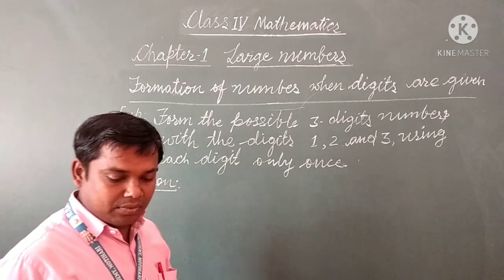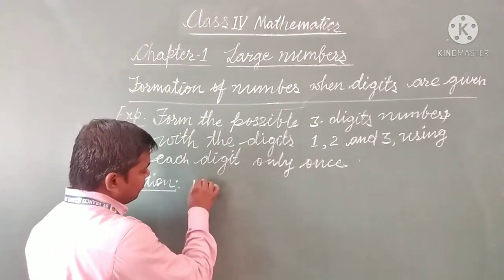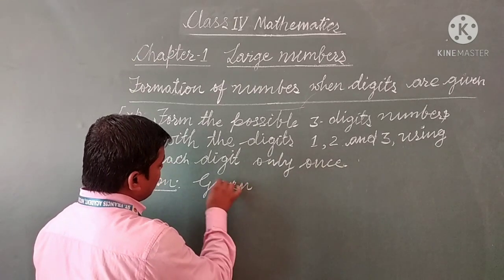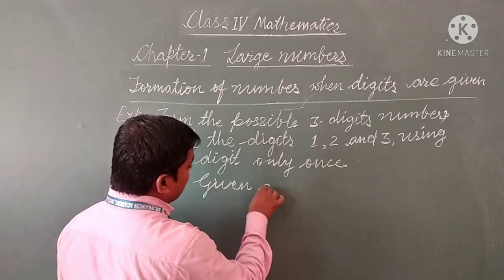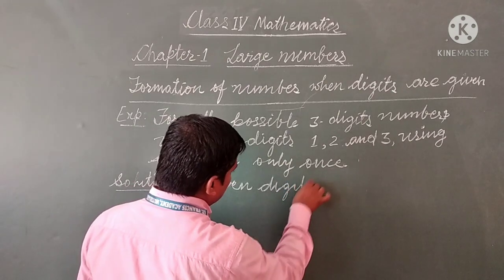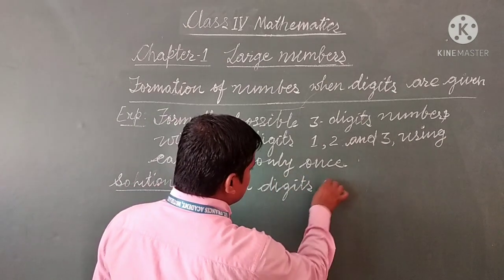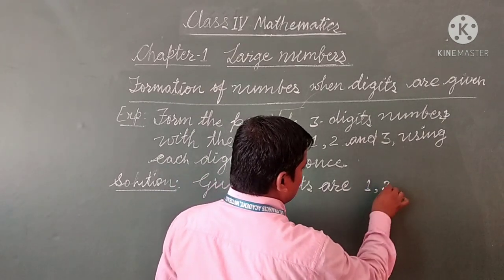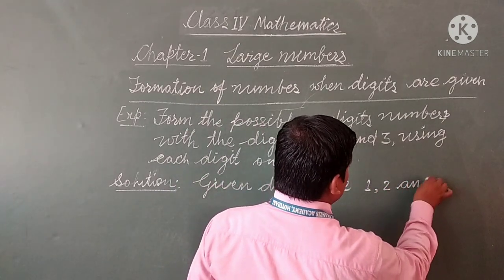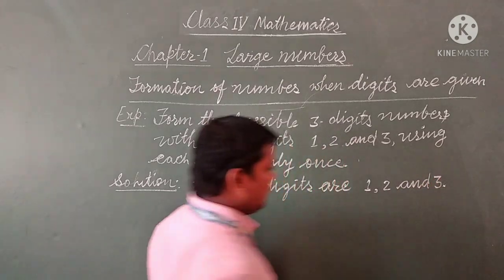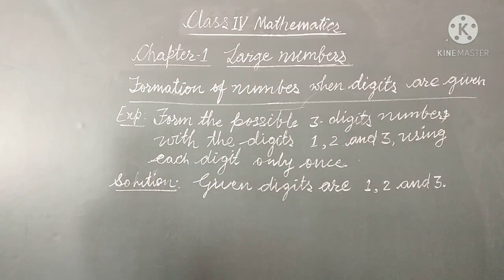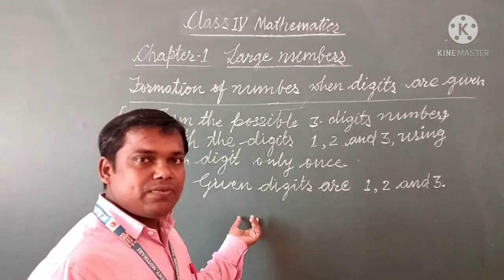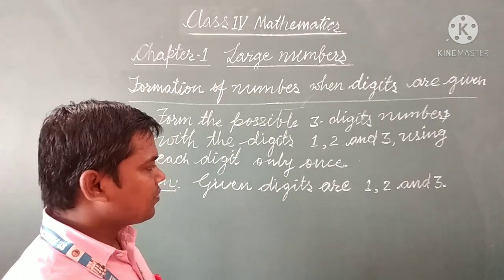Given digits are 1, 2, and 3. With the help of these digits, we have to form 3-digit numbers.